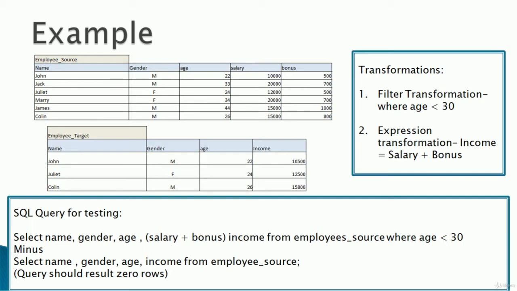Then minus, this is the set operator. Select name, gender, age, income from employee target. This is the query we can use to test if the data is loaded correctly. If no rows are returned from this query, it means that all the expected records are loaded correctly to the target.